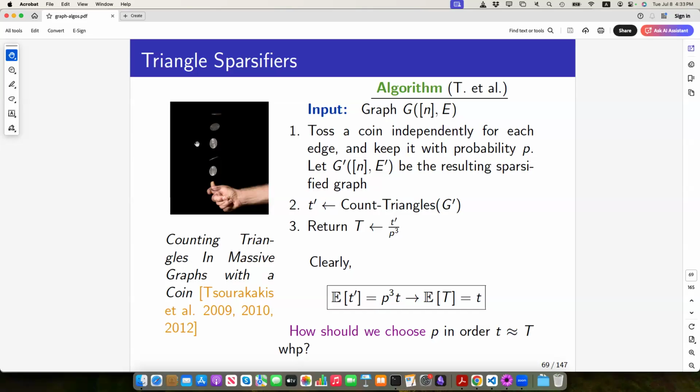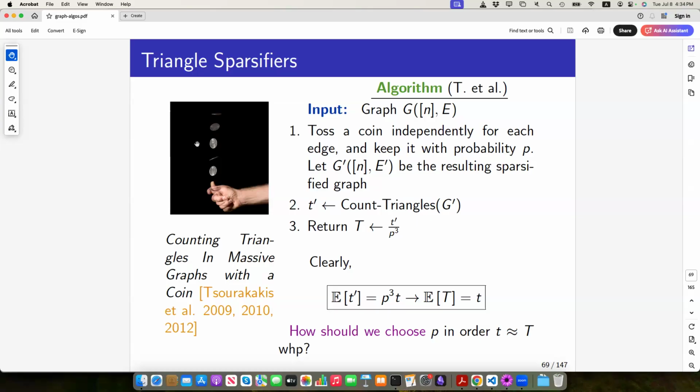So the expected value of this random variable T prime is P cubed times T. Each triangle survives with probability P cubed. The triangles are not independent. However, there is a very important property in probability called linearity of expectation. If you have a sum of variables and you take the expectation, even if those variables are dependent, the expectation of the sum is the sum of the expectations.